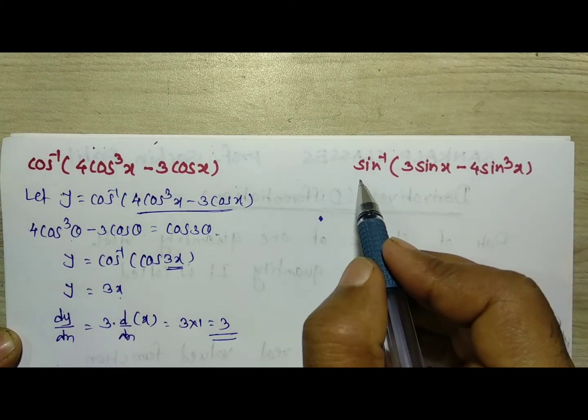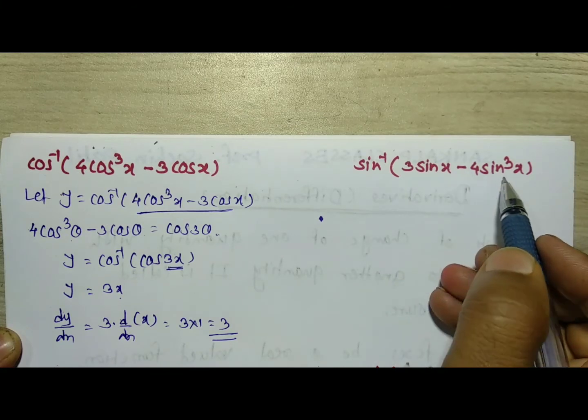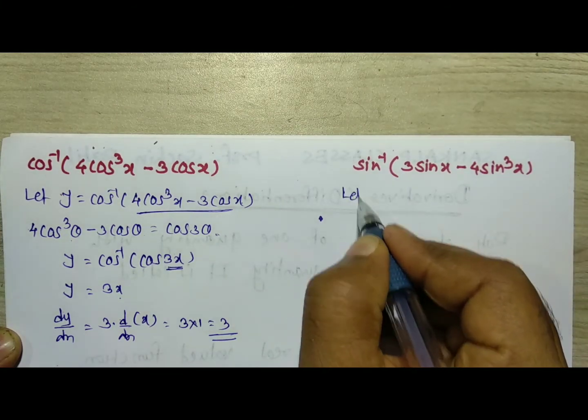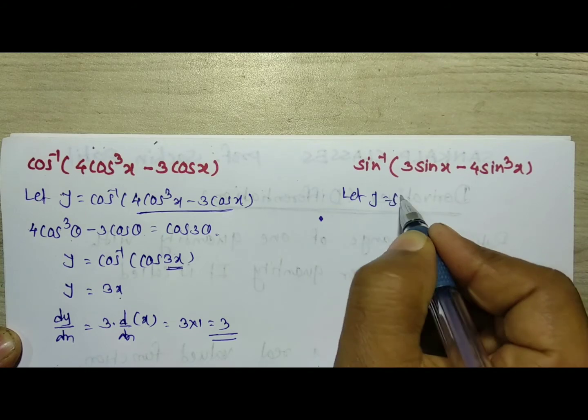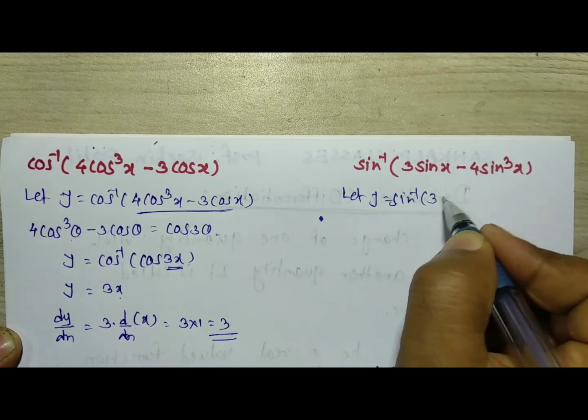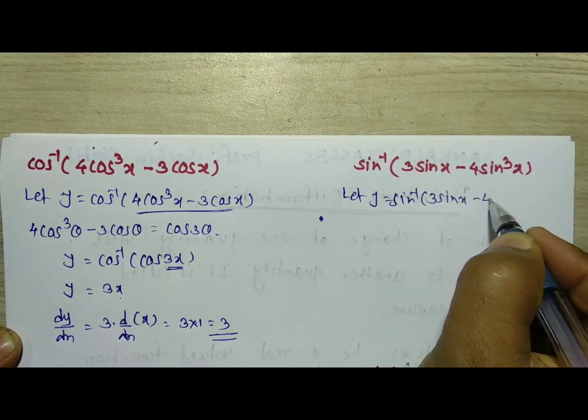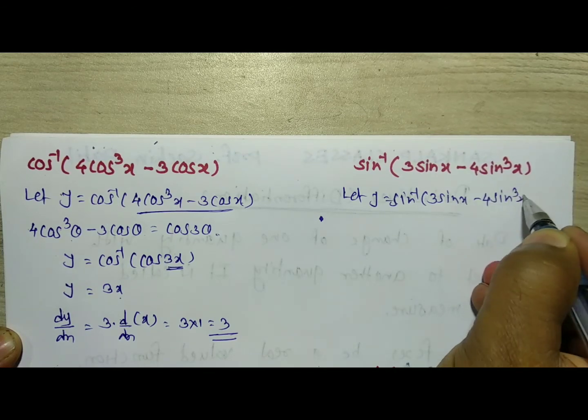Similarly, you can work out another example. Let y is equal to sine inverse of 3 sine x minus 4 sine³x.